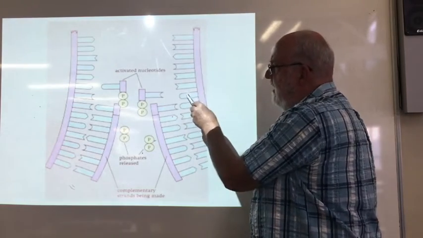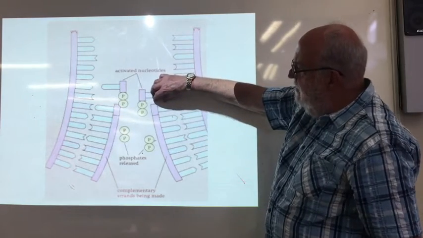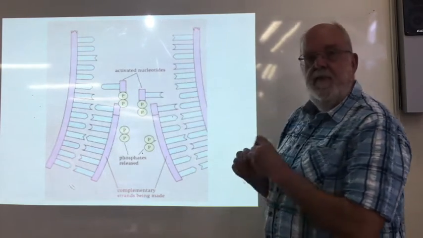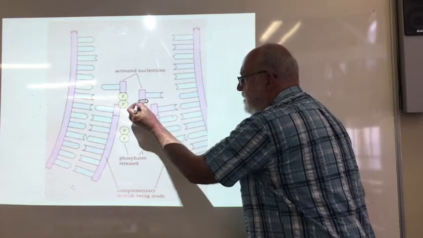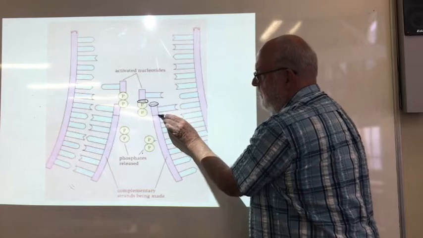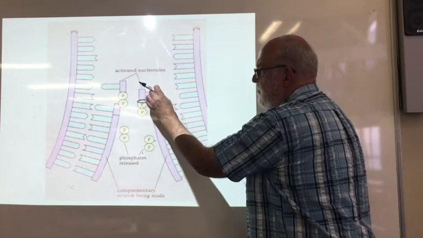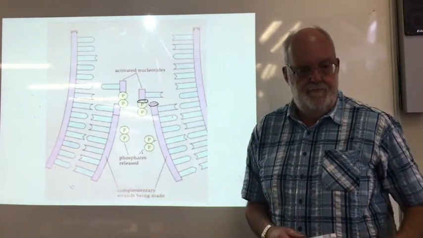It fits together. And because it is complementary, this will come in here, and then the enzyme DNA polymerase will link that to that, forming a joint. And so it's basically stretching the ladder up.